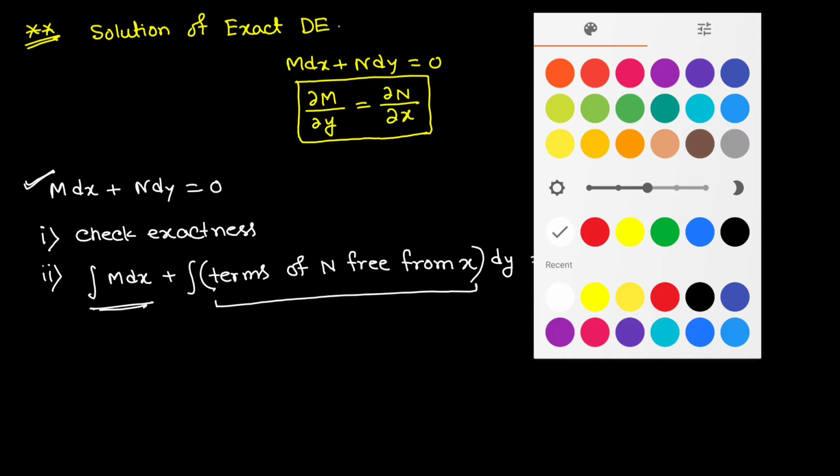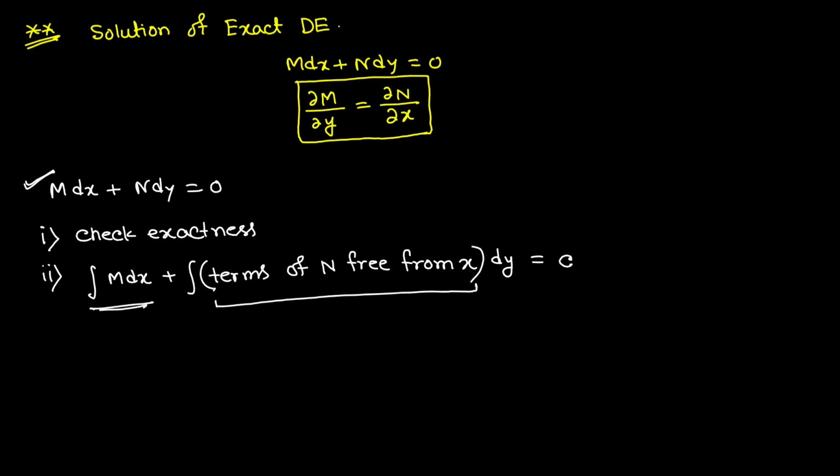Let's say I am taking any arbitrary example. Let's say n is equals to xy. Okay, and in another example, let's say n is equals to x plus y. It is saying that terms of n free from x. That means you cannot take the variable x, only you have to take the variable y.